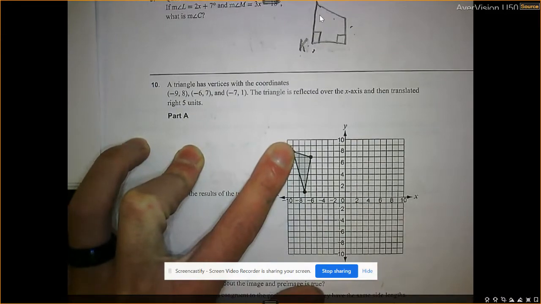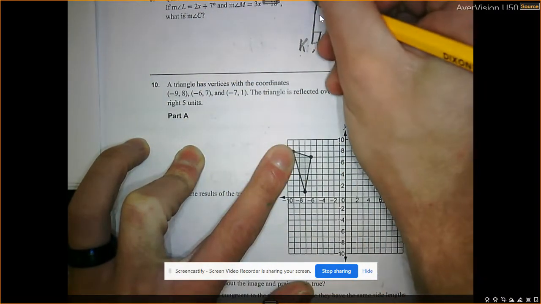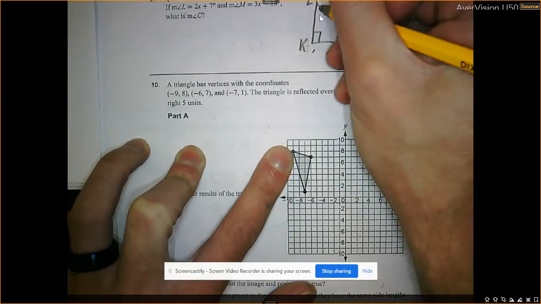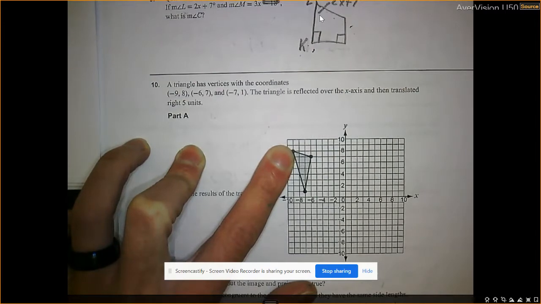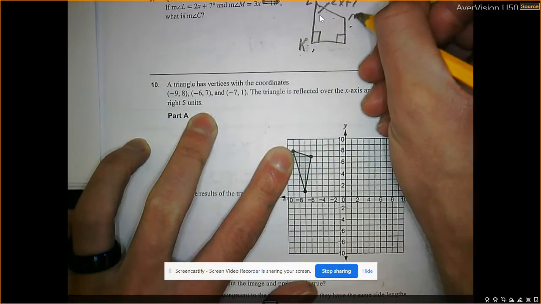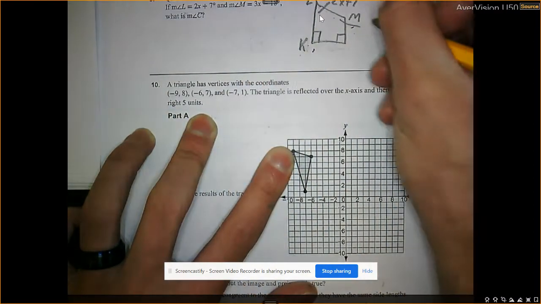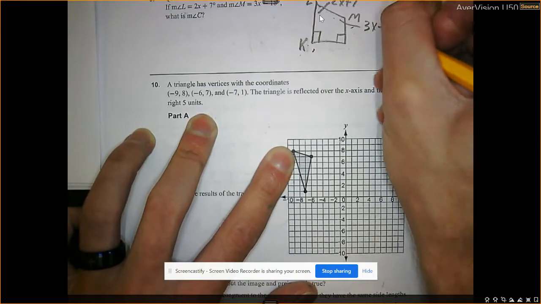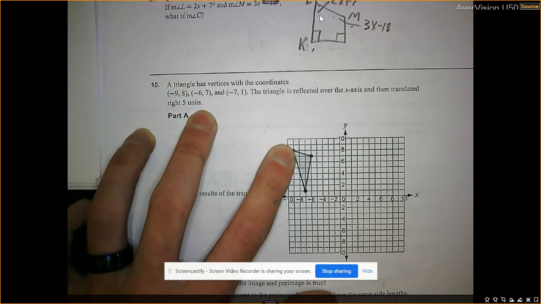All right, and then the measure of angle L, I guess we'll do L up here, and this is 2x plus 7. Okay, and then the measure of angle M, that is this. We're being told this is 3x minus 18. Okay, that's labeling everything there.